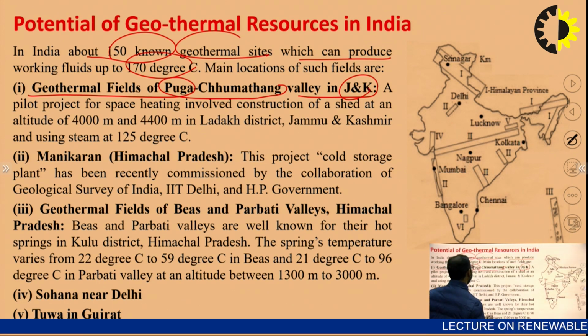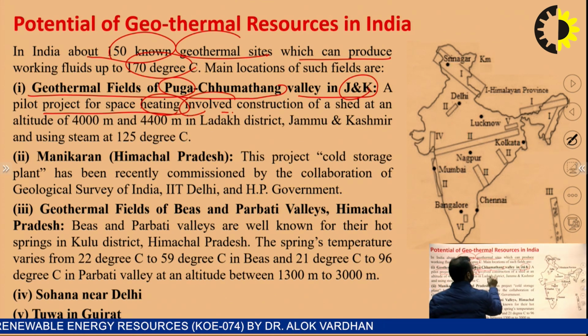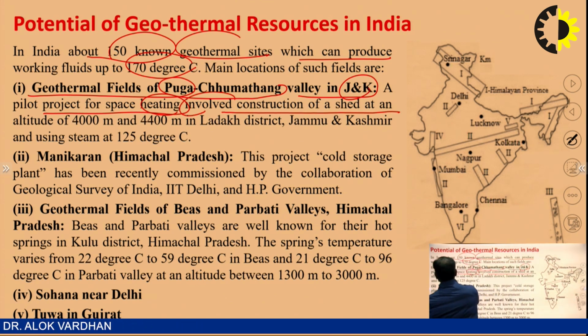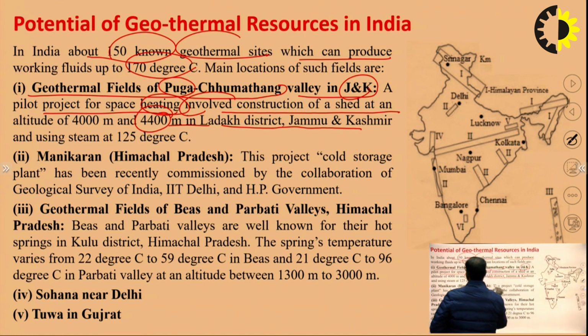Here, a pilot project for space heating involved construction of a shed at an altitude of 4,000 to 4,400 meter in Ladakh district, Jammu and Kashmir, using steam at 125 degrees Celsius. So this is one of the geothermal fields in India.